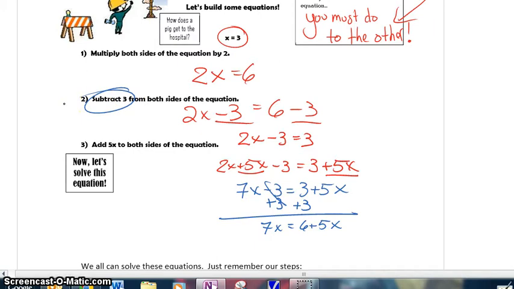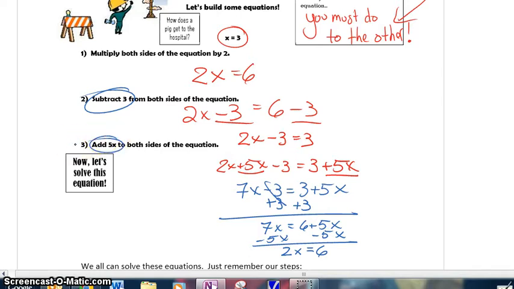Next thing, we're going to subtract 5x from the right and the left, both sides of the equation. Awesome. Notice how subtracting 5x from both sides of the equation is the opposite of step number 3, which is adding 5x. Right there.